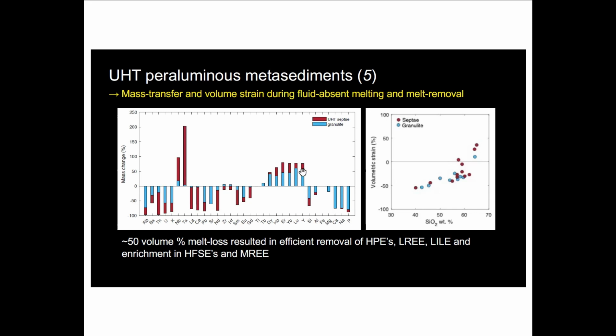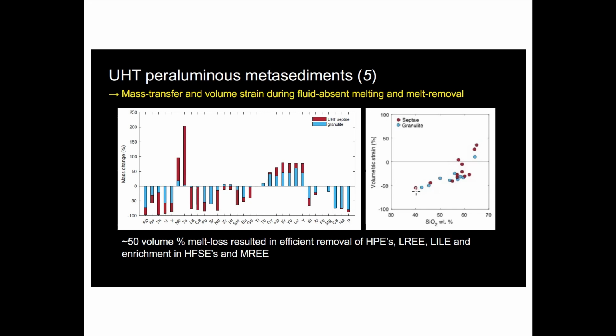With some reasonable assumptions in terms of the bulk rock density, it's possible to convert these mass changes to volume strain. And what I'm showing here on the right is estimates of volume strain for both the UHT septa in red and the granulites, so restitic granulites in blue. And what we see is two things.